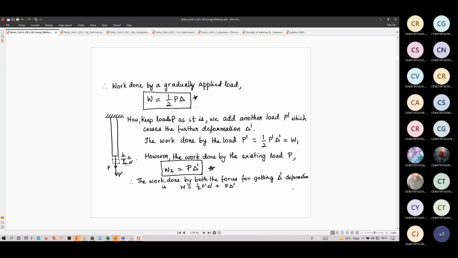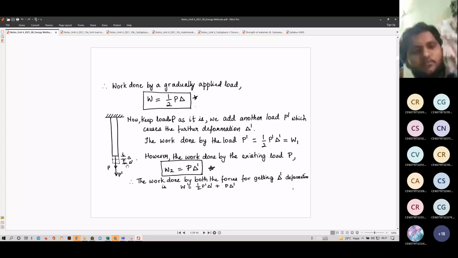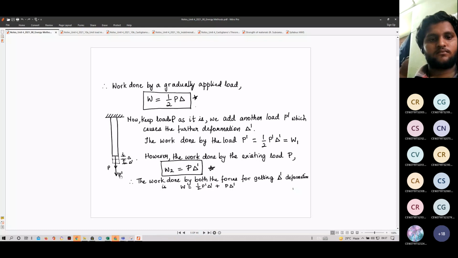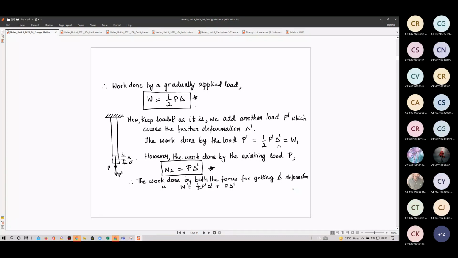But there may be a load that is not suddenly applied. Let's say first P is applied. Okay. Then after that P dash is applied. So P is already existing and then P dash is applied. Then P dash will produce an additional deflection of delta dash. So work done by P dash, gradually applied, will be half P dash delta dash, because this P dash has only caused this much additional deformation delta dash.